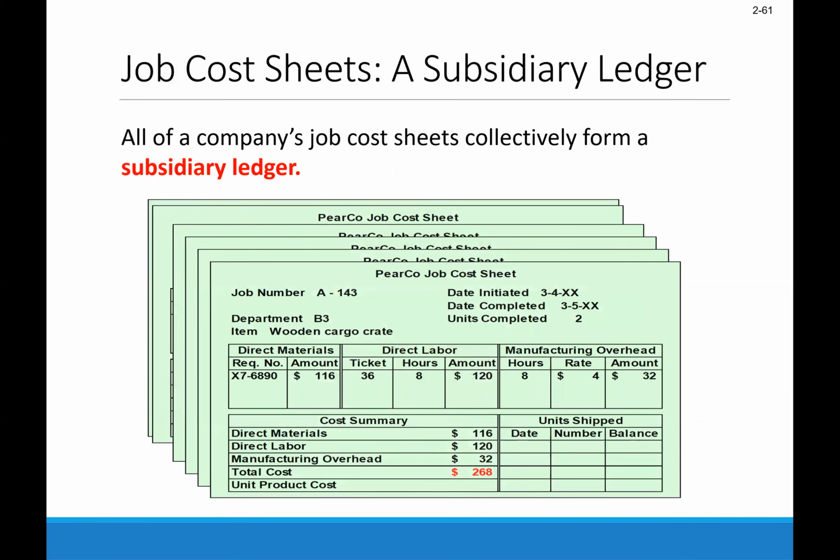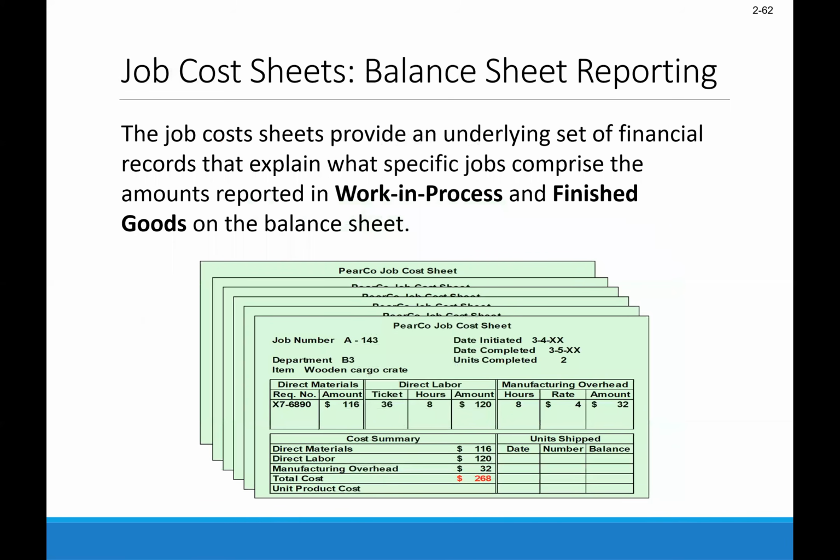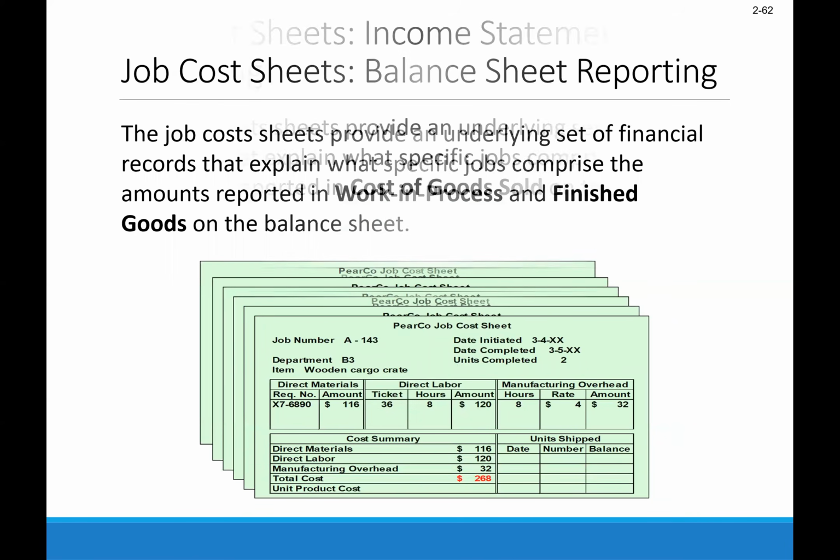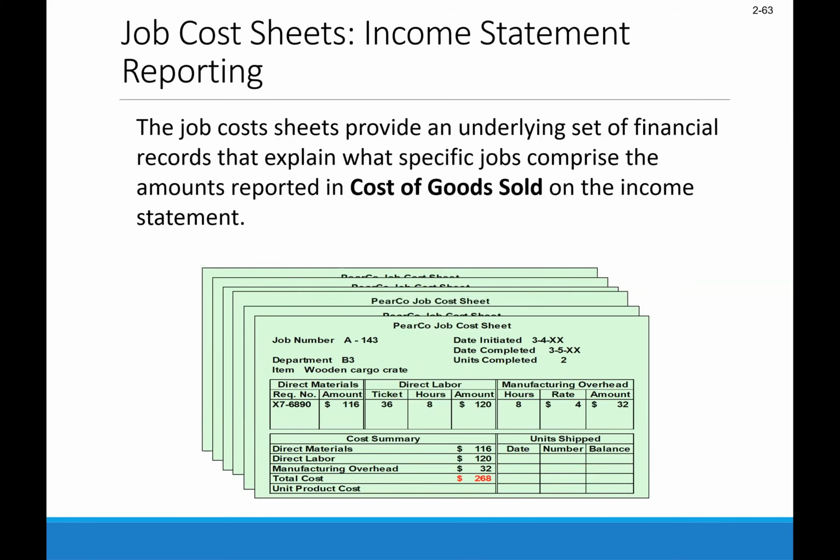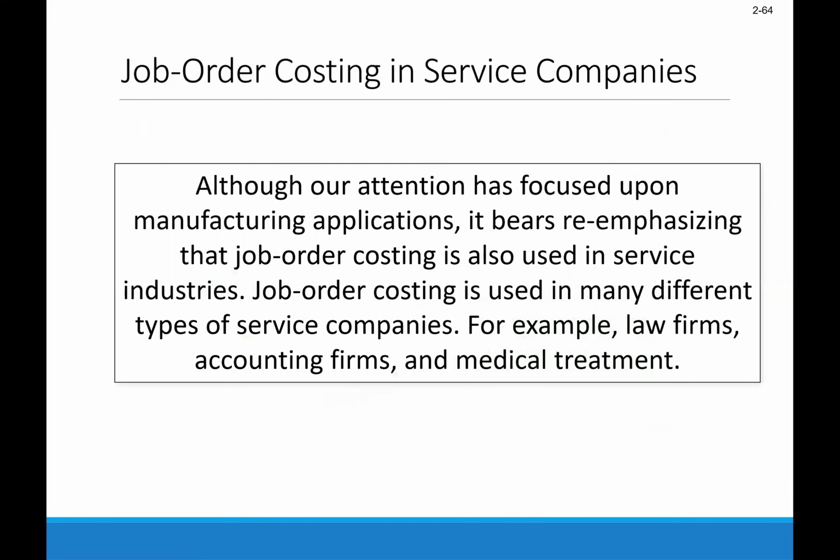So you've got all your various job sheets, and they are ultimately going to go, if it's still in process, in the inventory part of the balance sheet. And the income statement will have the cost of goods sold, those that were actually sold.